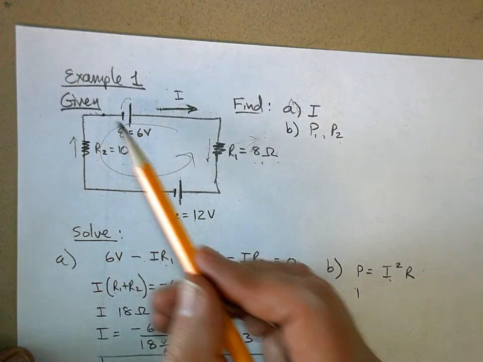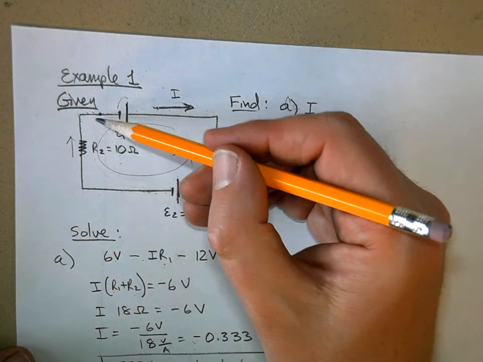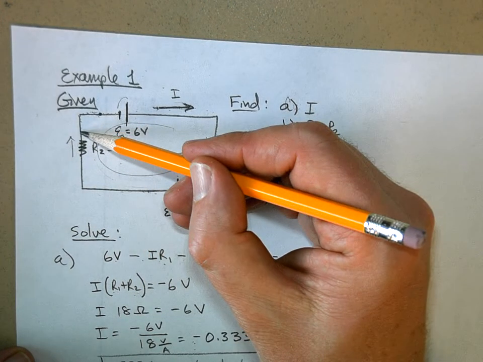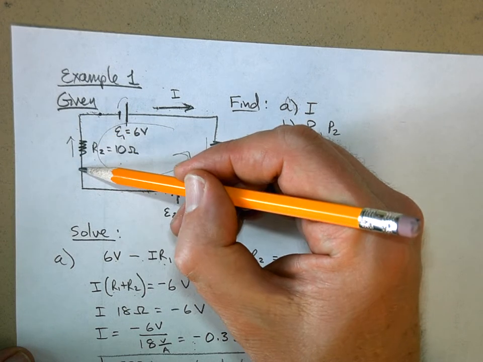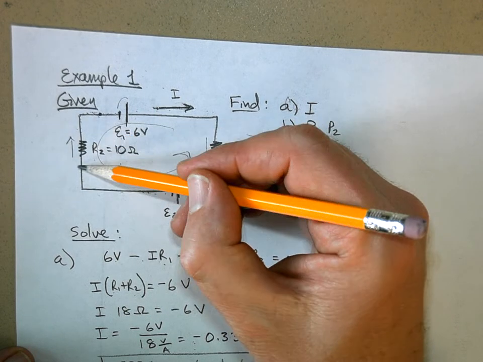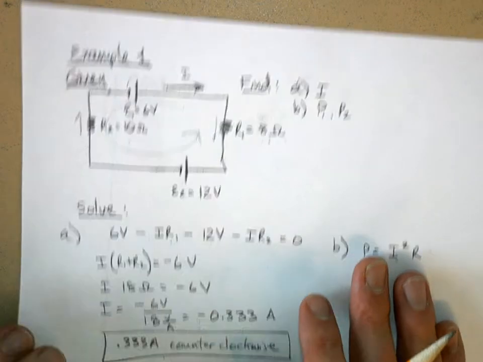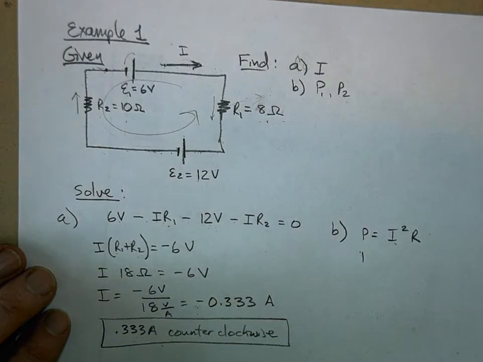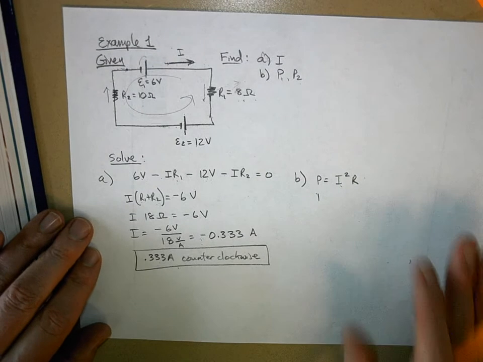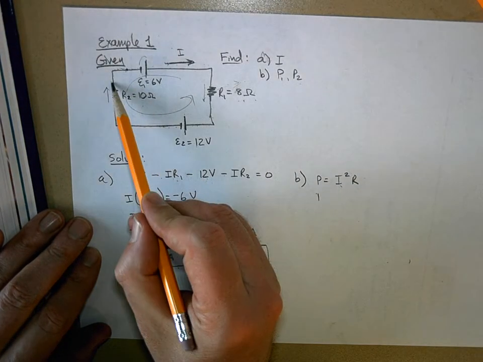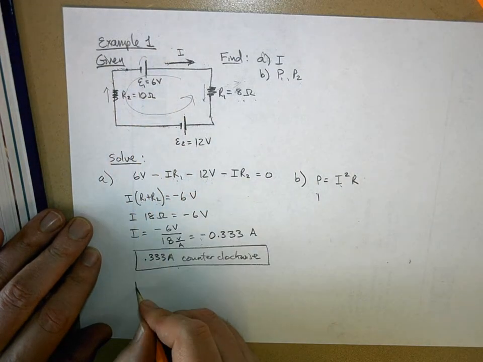Well, when you go against the current, resistors actually give you a voltage gain. So if I were to rewrite this, let me zoom out a little bit. If I was going to go this way, I would say, oh wait, this is positive I R2.